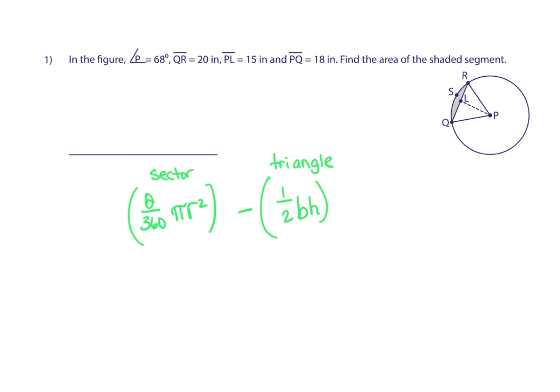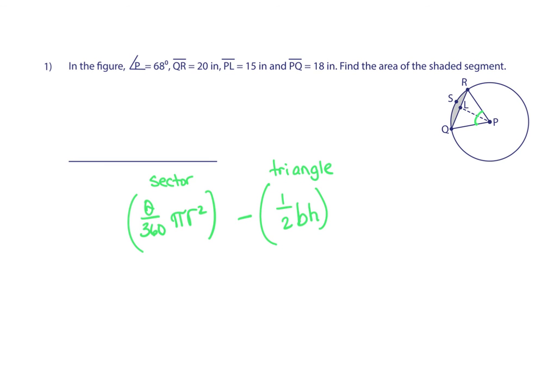So they told us our angle measure here is 68 degrees. So we take 68 degrees over 360 times pi. Q to R, they gave me P to L, and they gave me P to Q. So P to Q is actually my radius. So they gave me the other piece that I need here, pi r squared. That is my sector.